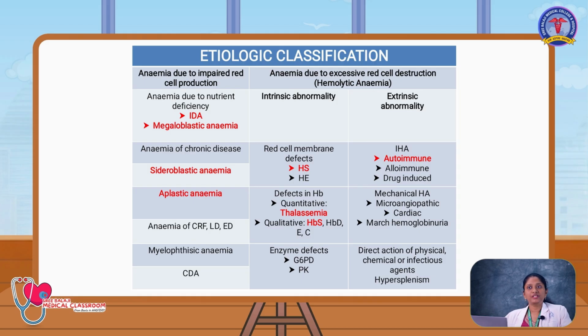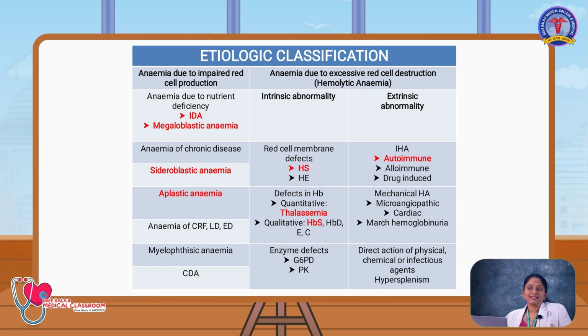Defects in hemoglobin can be either quantitative or qualitative. Quantitative disorders are thalassemias. Qualitative disorders can be sickle cell anemia, HbS disease, HbD disease, HbE and HbC defects. Enzyme defects include glucose 6-phosphate dehydrogenase deficiency and pyruvate kinase deficiency.